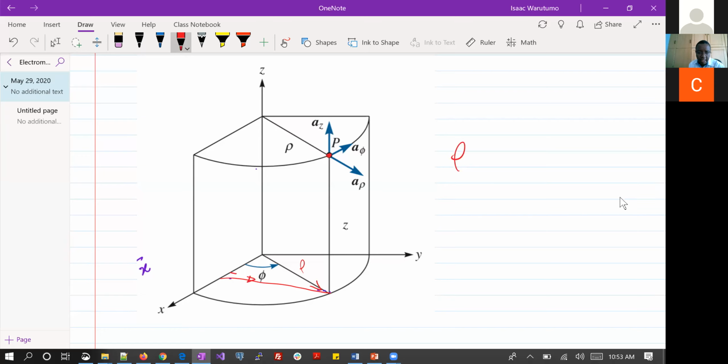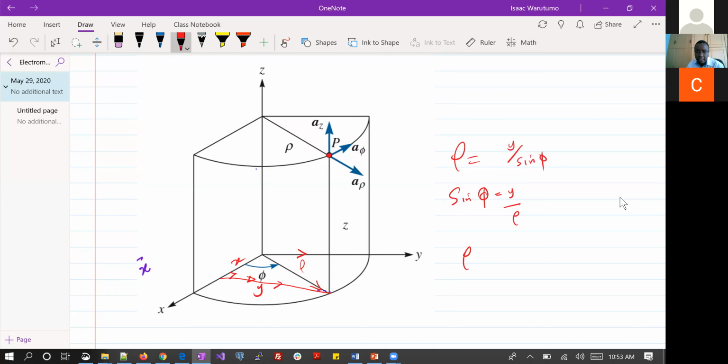So I'm saying that we said that X and Y make a right angle. And therefore, if this is my X and this is my Y, the Y which is parallel to this one, then you can say that this hypotenuse can be described by what? You can say that sine of phi is equal to y over rho. And therefore, you can express rho to be equal to y over sine phi.